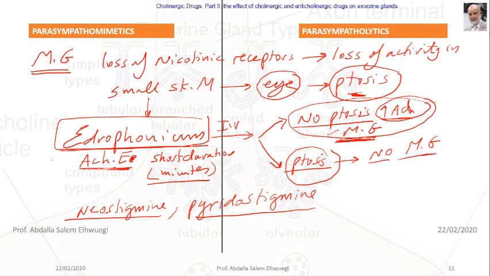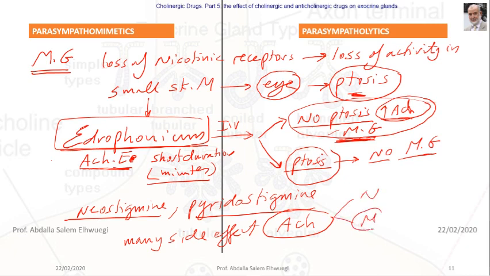Of course, they produce many side effects related to the accumulation of acetylcholine, because they will lead to accumulation of acetylcholine throughout the body, and acetylcholine, we have said, has nicotinic effect plus muscarinic effect.